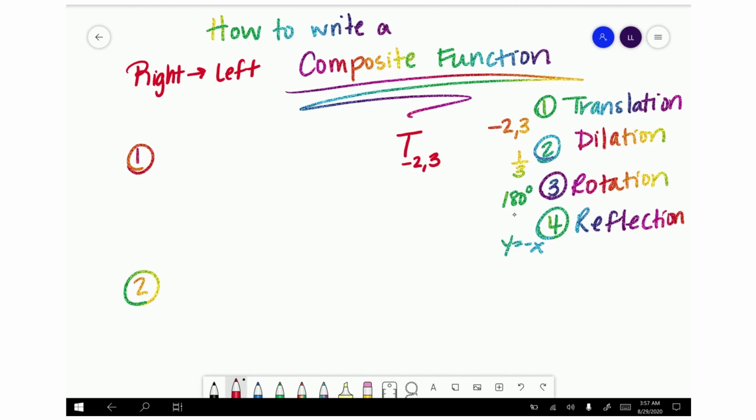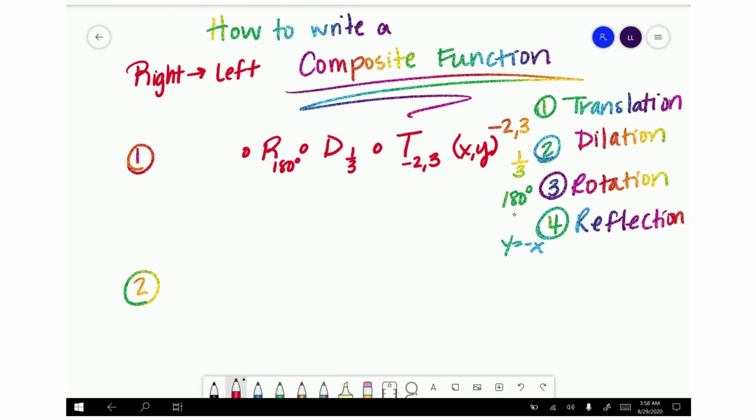I am going to put x, y at the end here. Then I'm going to do the circle. That circle means composite. And then I'm going to put the dilation, which came next, so dilation, and my subscript is 1/3. Then I'm going to do another circle, and I'm going to do my rotation, which was 180 degrees. Remember, that circle means composite.